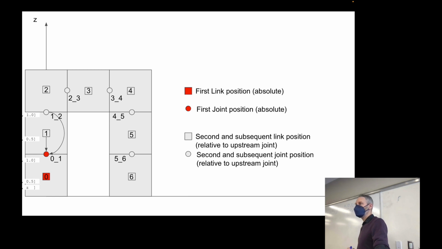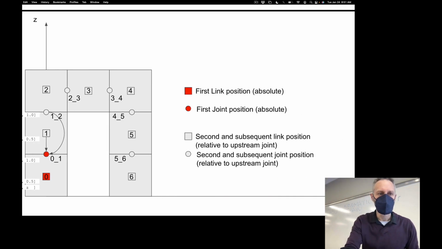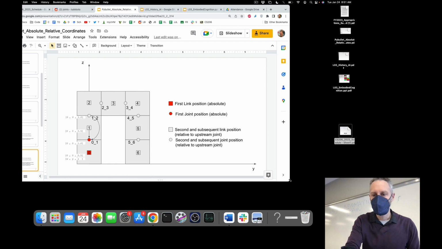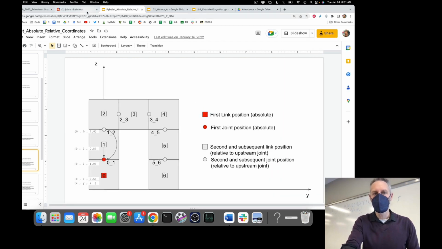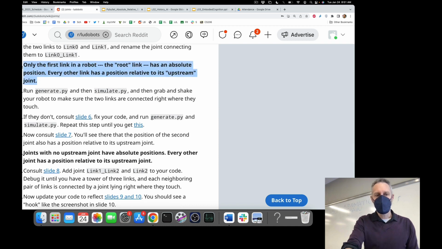So far, so good? Okay, so this cartoon example here is meant to illustrate what's written in the assignment, the golden rule here for joints, which is that on step 32, only the first link that you create, the first physical object in the robot, has an absolute position. Every other link has a position that's defined relative to its upstream joint.